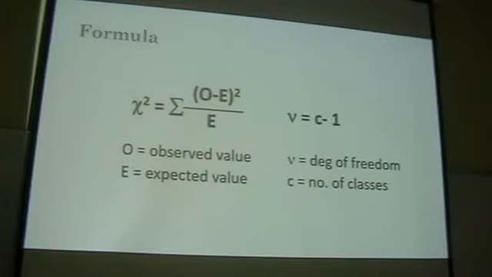Only one gene, one characteristic. Heterozygote crossed with heterozygote means, for example, big T small t crossed with big T small t. What is the degree of freedom? How come it's 1? Because how many phenotypic classes do you have? It's either tall or short. The degree of freedom is 2 minus 1.